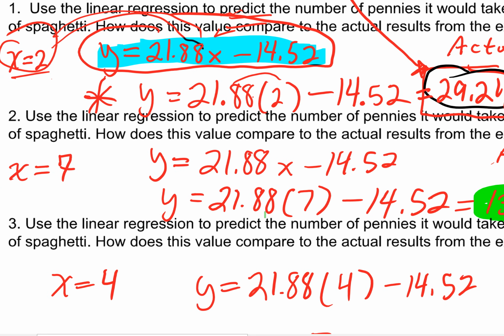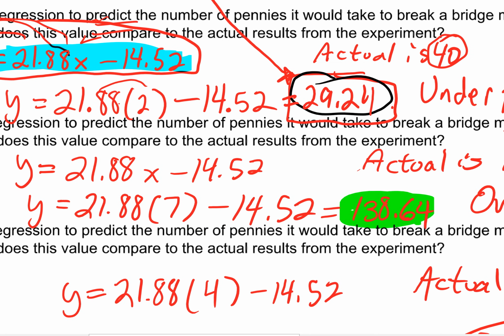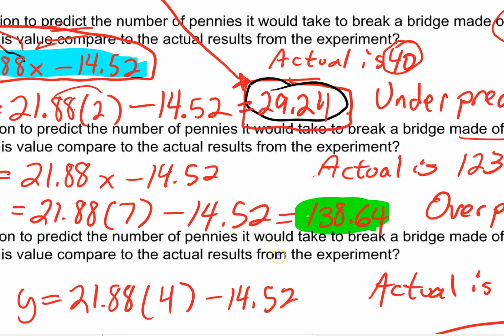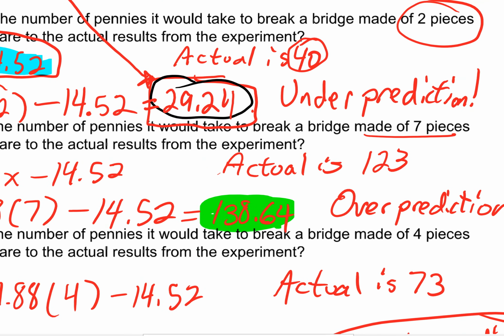But what about the prediction? You can plug in a 7: 7 times 21.88 minus 14.52. That's 138.64. Now, the actual for 7 pieces of spaghetti was 123.